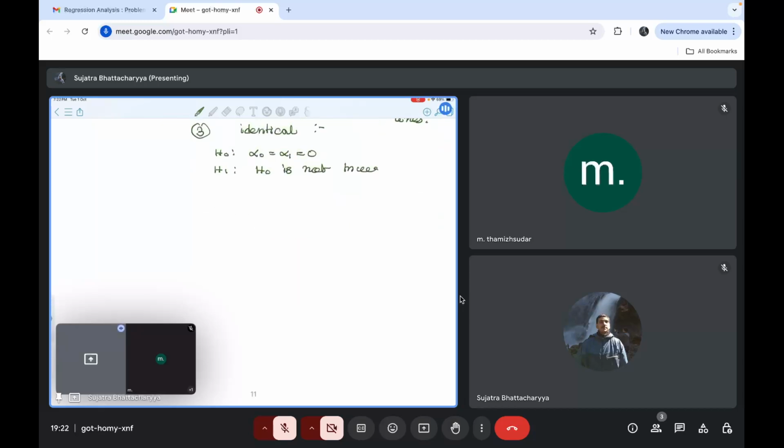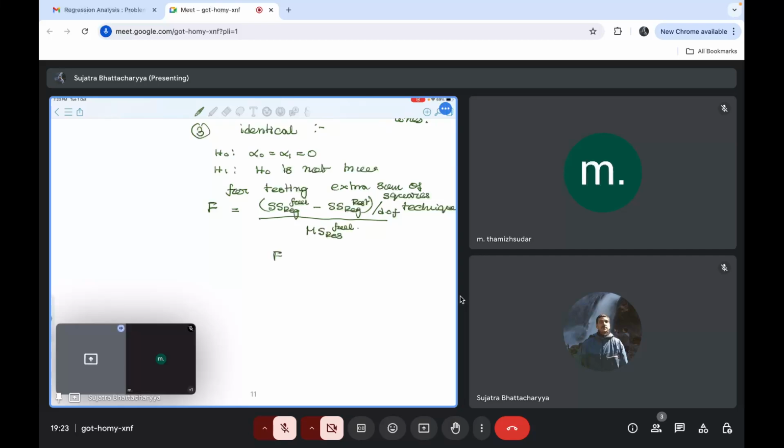Let me show how you will do these calculations. For testing, what you need is the extra sum of squares technique. F will be SS regression of the full model minus SS regression of the restricted model, divided by the degrees of freedom in the numerator, divided by MS residual for the full model.